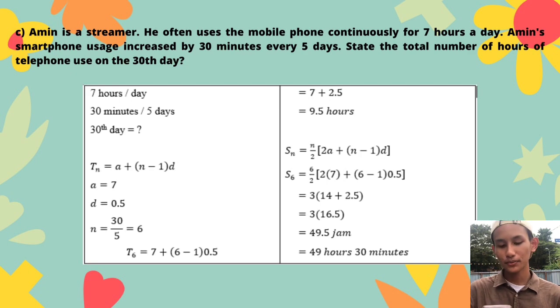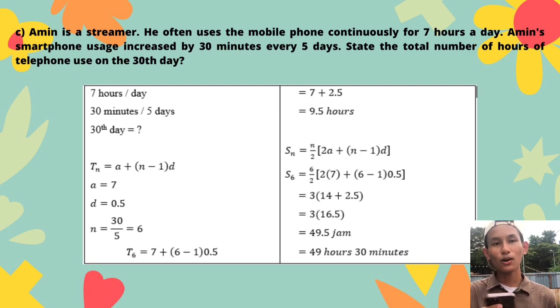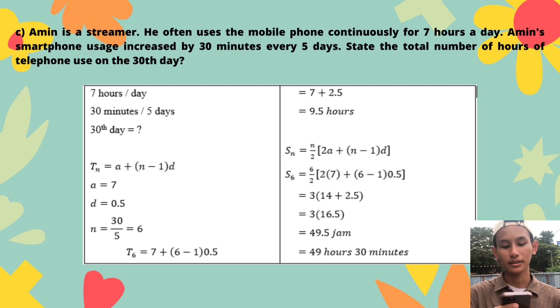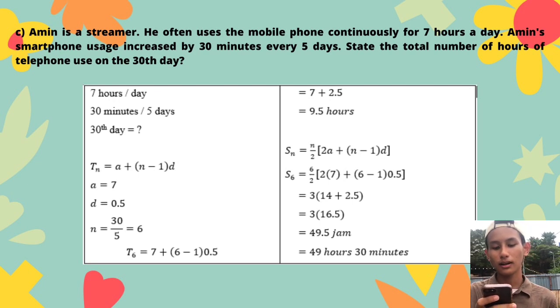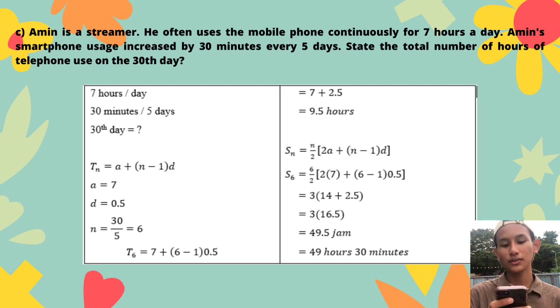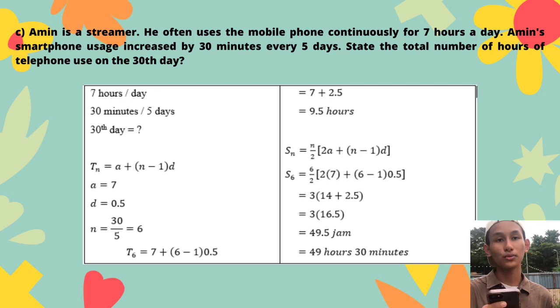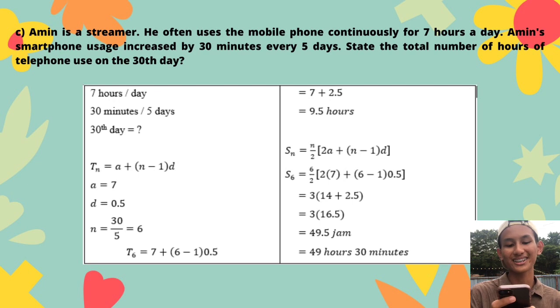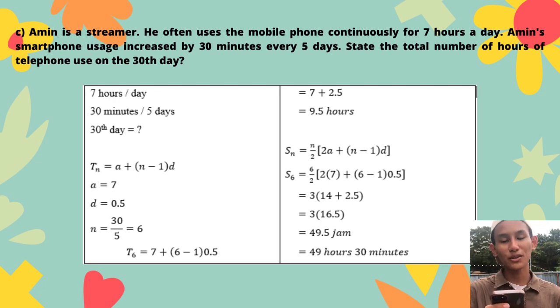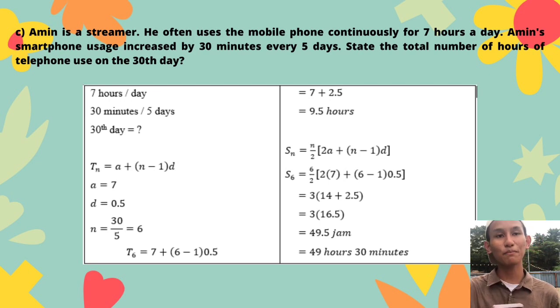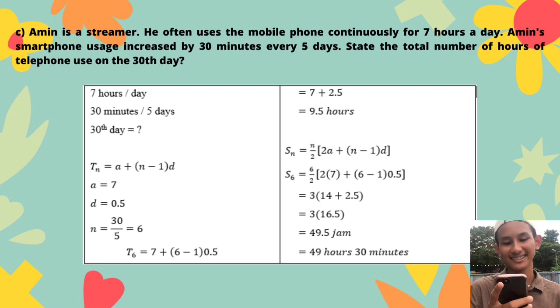Okay, first thing first, list out all the data given from the question. We got 7 hours a day for phone usage, 30 minutes every 5 days, the 30th day. What is the total of hours for 30 days? Use the formula Tn equal to A plus (n minus 1) times d.